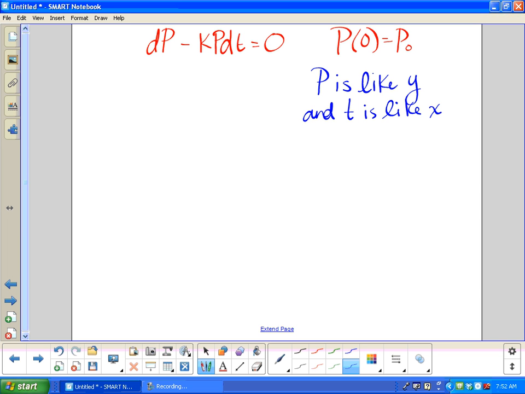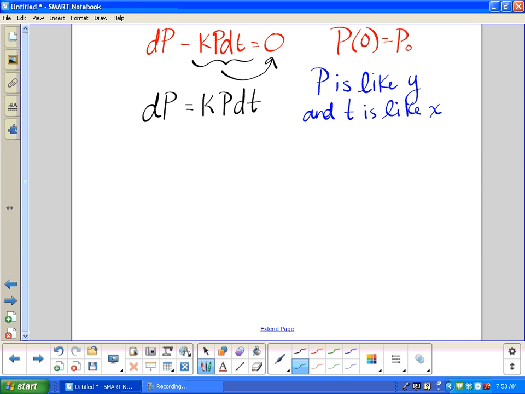So I want to get the t's on one side, and the P's on the other. So I'm going to add this whole thing and move it over there. So I'm going to end up with dP is equal to kP dt.